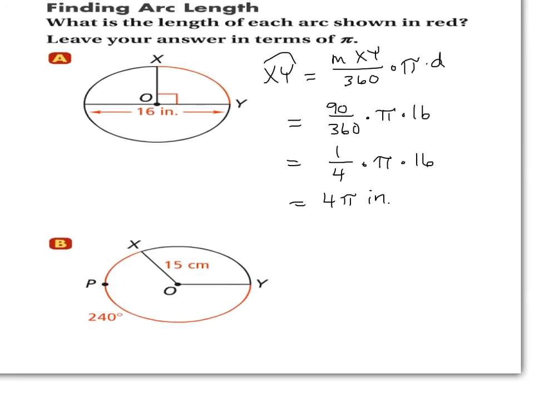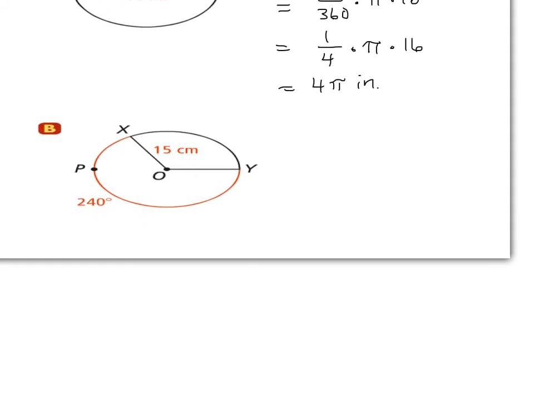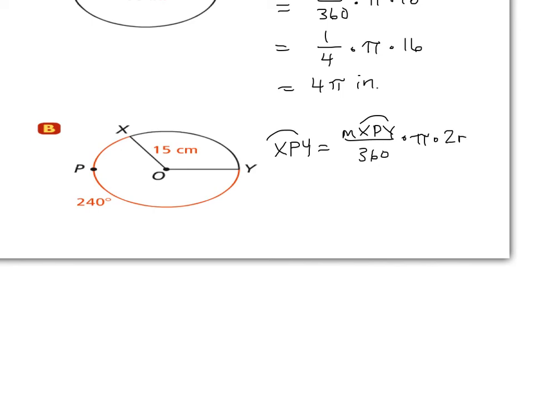In the second example, we want to find the arc length of arc XPY. Again, it's the red one. We know that it is the measure of arc XPY divided by 360 times pi times 2 times the radius, because we have a radius here, we don't have a diameter.